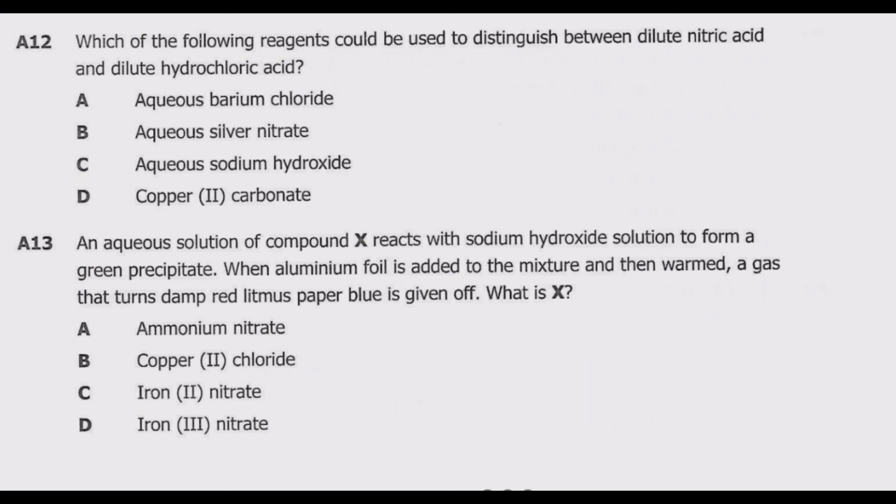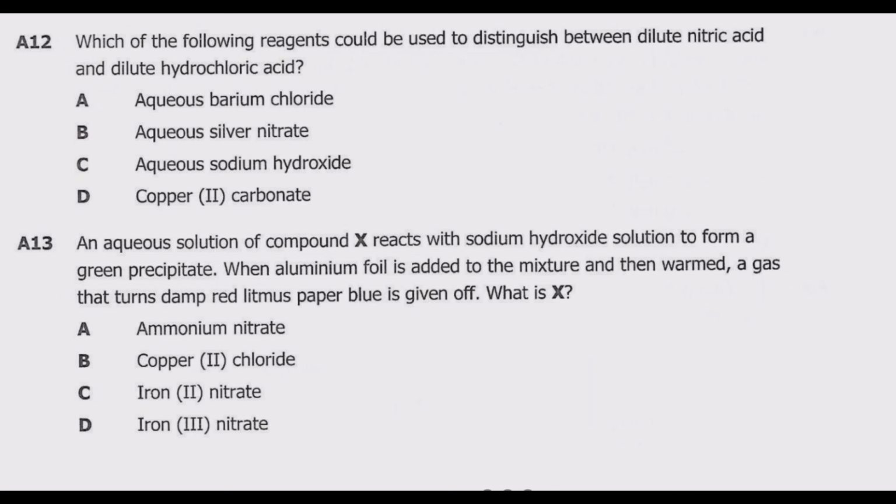So it is important that you know these 2 methods that you use to distinguish between nitric acid and dilute hydrochloric acid. So the first method is you take the unknown acid and add a few drops of it to silver nitrate.